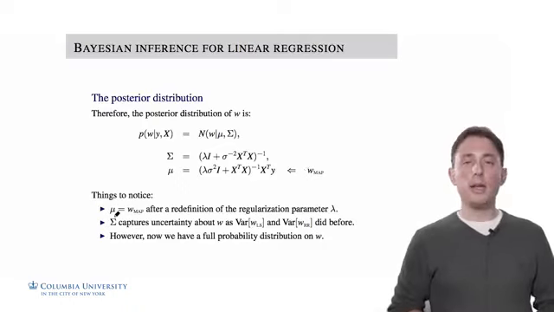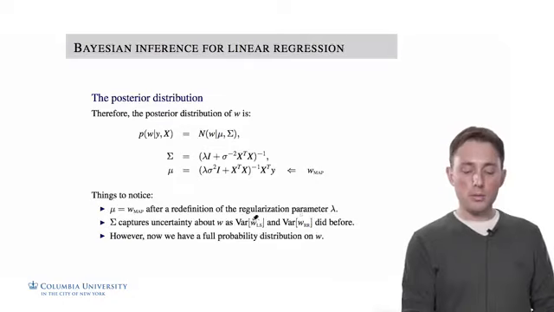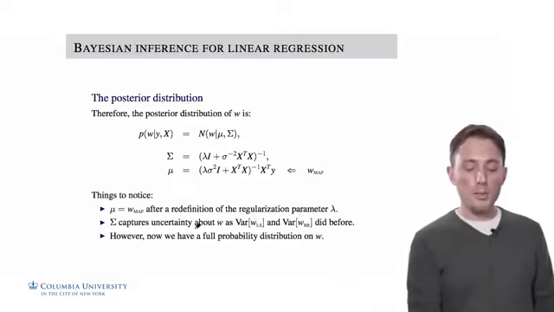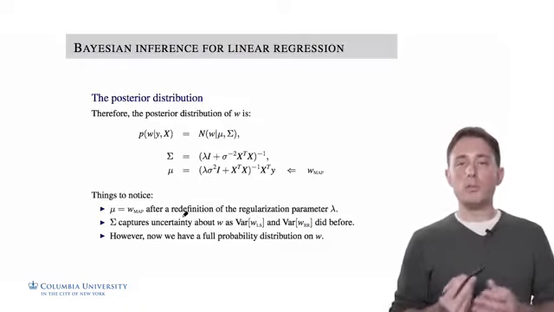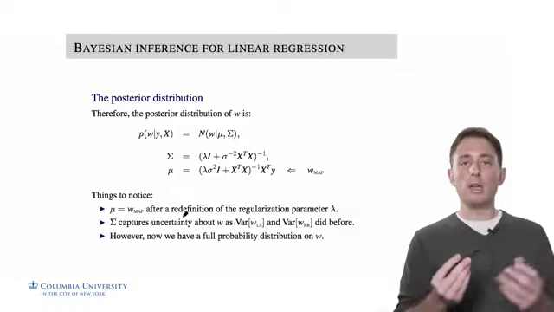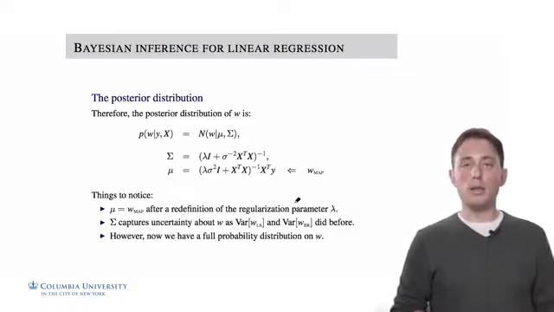But now we have a covariance, sigma, which captures our uncertainty about w, in the way that the variance of the ridge regression and least squares solutions also captured some uncertainty of w. But now we actually have a functional distribution that we can work with. So we can give densities and calculate probabilities that we couldn't do when we calculated these variances.